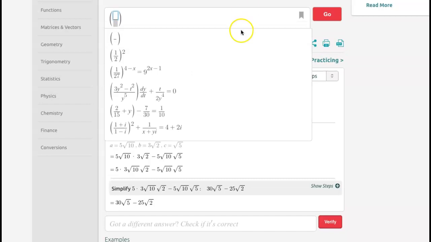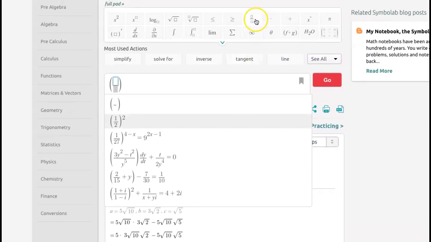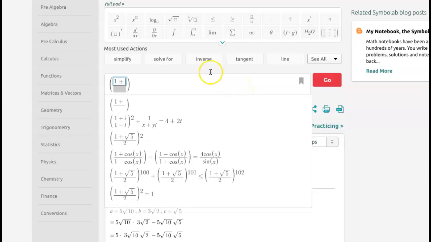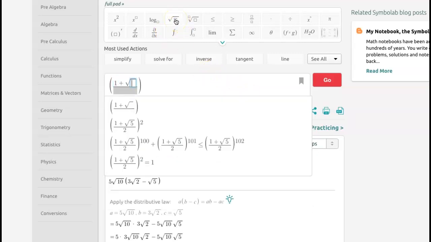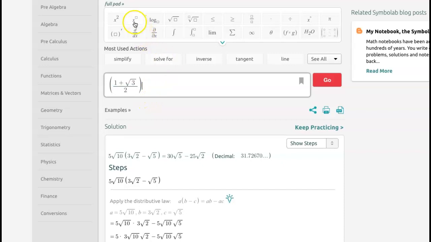I clicked this guy right here to set up a fraction. Okay, so the numerator wants to be 1 plus square root 3. And now I'll click down here in the denominator, which wants to just be 2. I'm going to click outside the parentheses, and if I click this x squared, it should just give me a squared. Okay.